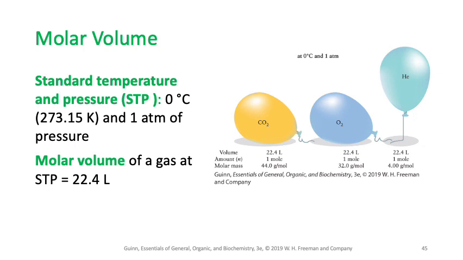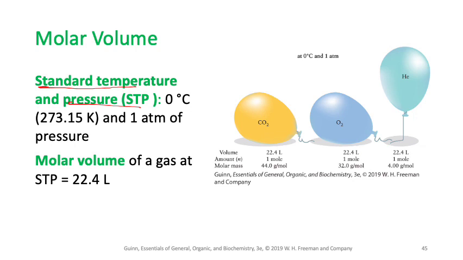So now we're going to talk about a special condition called standard temperature and pressure. We know if you're doing an experiment on gases, under different conditions gases behave differently, right? So scientists had to come up with a standard so that we can compare the behavior of the gas under that standard condition.